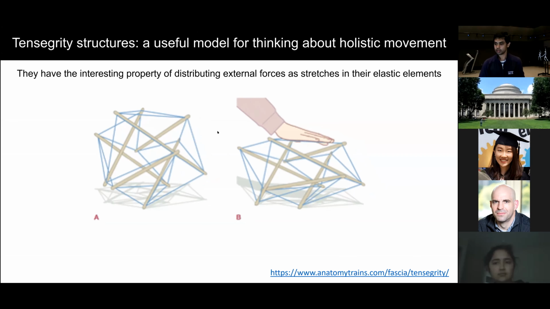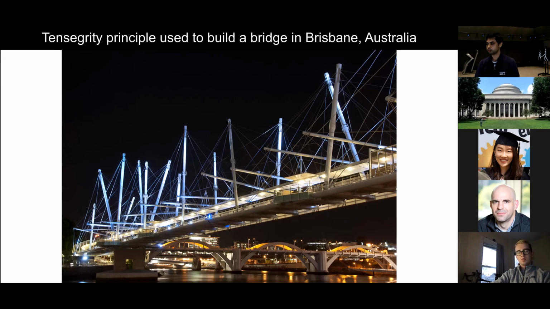What I showed you is called a tensegrity structure. It has decades of history, and there are many useful applications. One application, people use this to build a bridge in Australia.